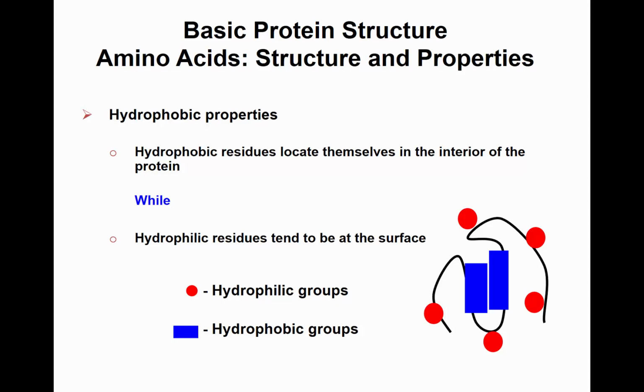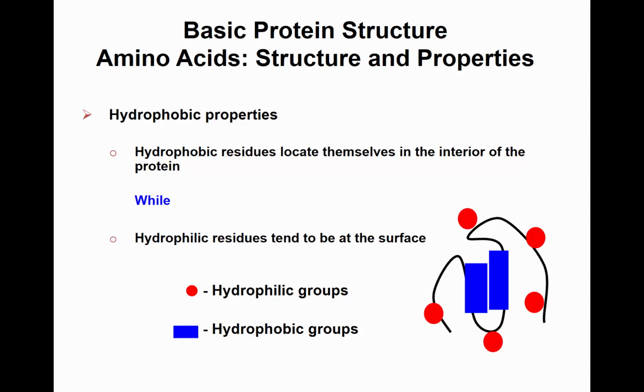Hydrophobic amino acids, by definition, they don't like water, right? So they just want to hide from water. In their attempt to hide from water, they tend to associate with each other. So there's a lot of free energy going on. The free energy allows the protein to start folding, that sequence of amino acids to start folding.